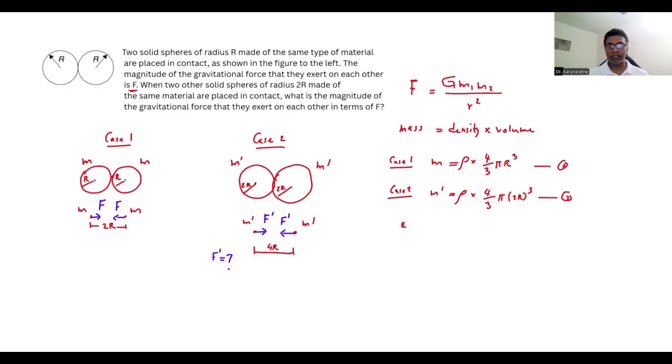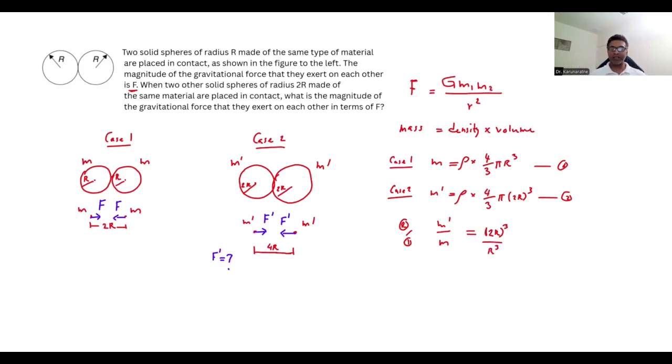Equation 2 over equation 1 will give me M prime over M. You can see the density, rho and rho, cancels out. 4/3 and 4/3 will cancel out. Pi and pi will cancel out. And then I'm going to get (2R) cubed, the cube of the entire thing, divided by R cubed.